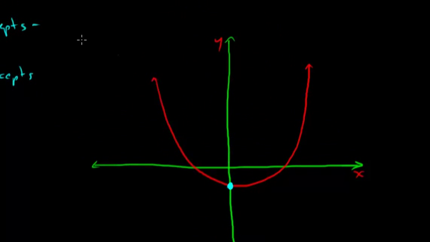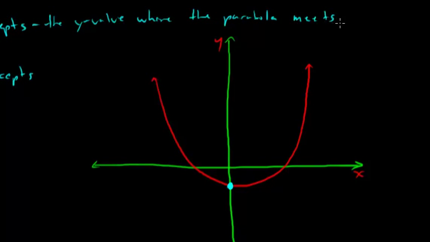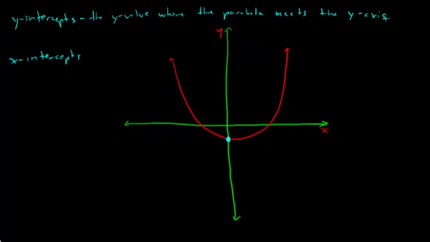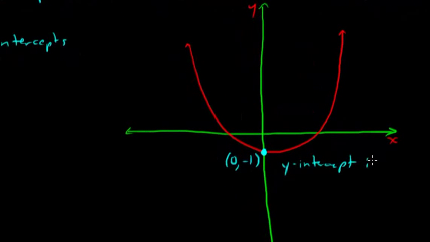So the y-intercept there will be the y value where the parabola meets or intercepts the y-axis. So if this is (0, -1), then the y-intercept is -1.